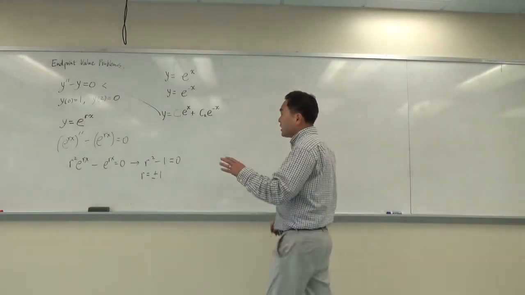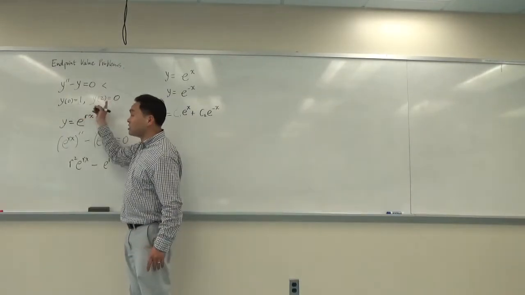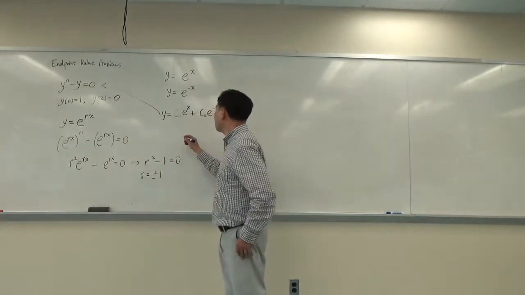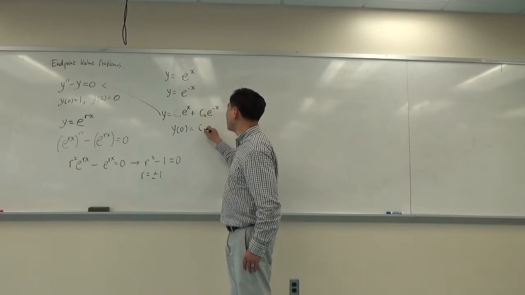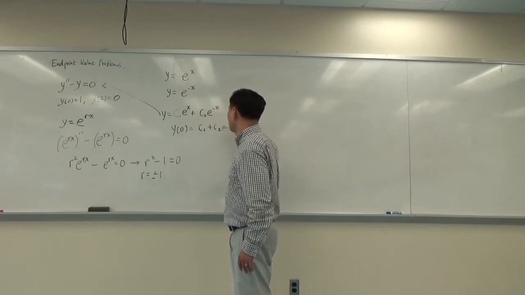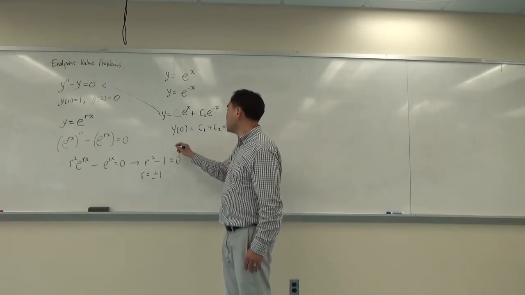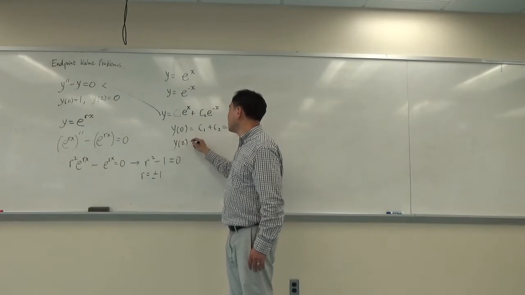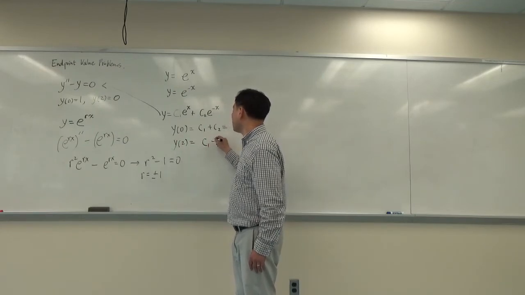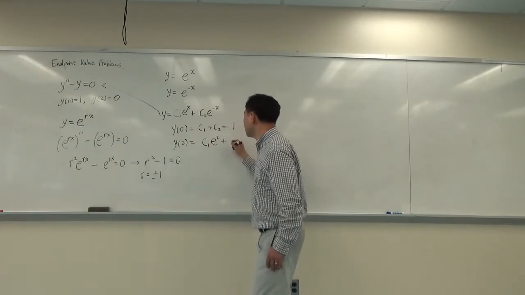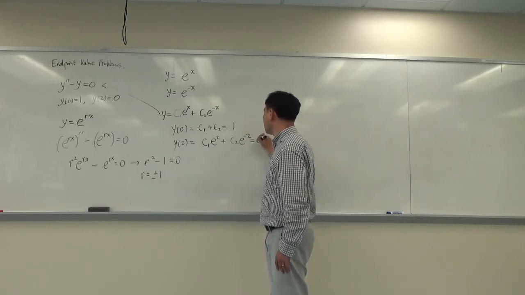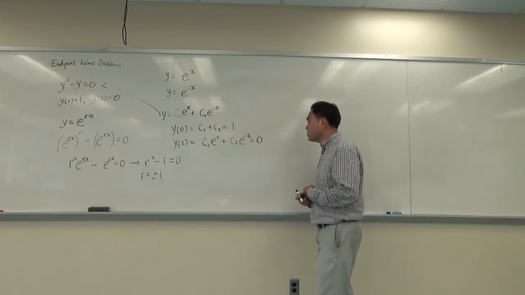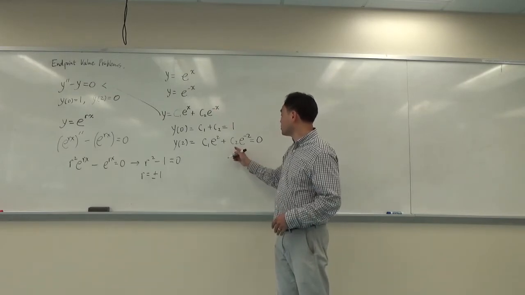Okay, now let's actually figure out what makes these work. You plug in y of 0, which gives you c1 plus c2, and that has to equal 1. And then you have y of 2, which is c1 times e squared plus c2 times e to the negative 2 equals 0.